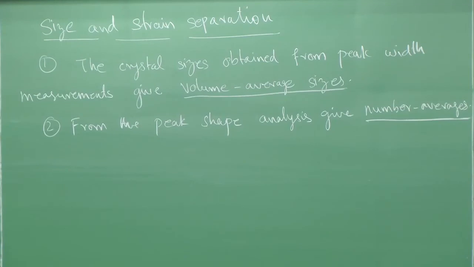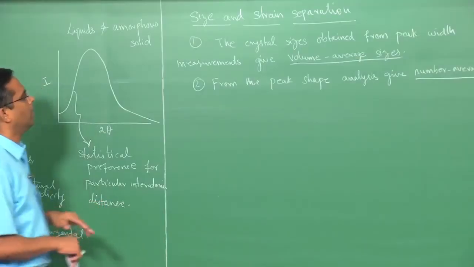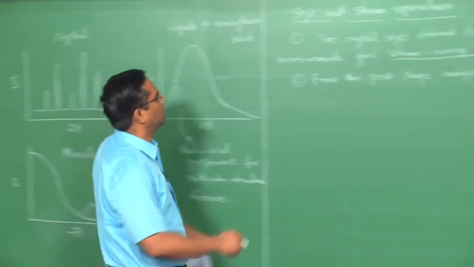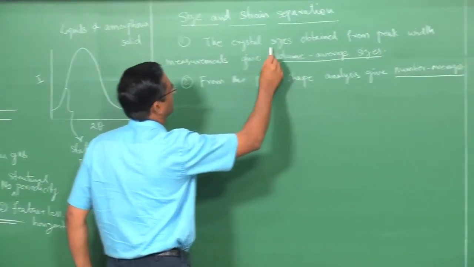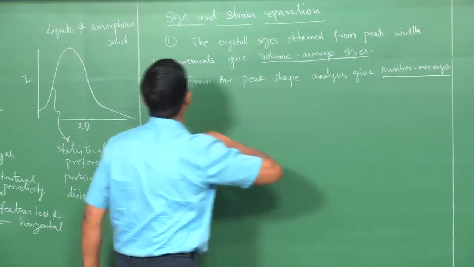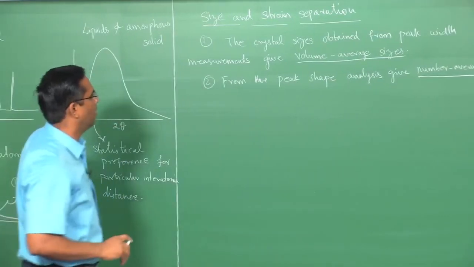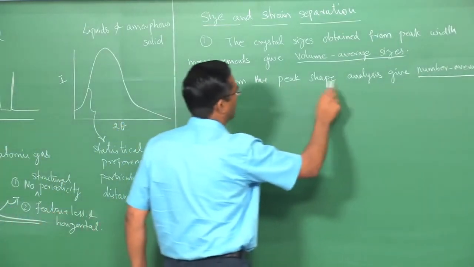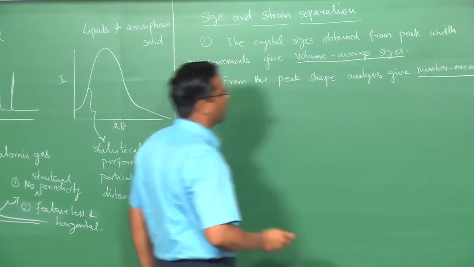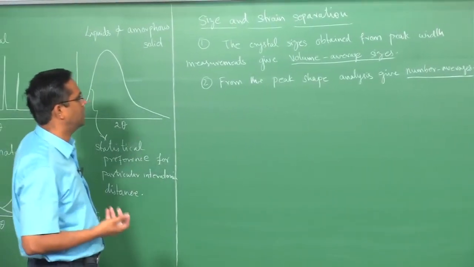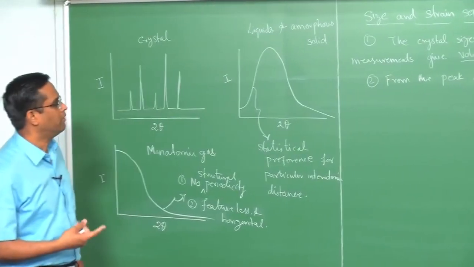The first point to note down here is, when we talk about the crystal size which you obtain from X-ray diffraction experiments, the crystal sizes obtained from peak width measures give volume average sizes, whereas the peak shape analysis gives the number averages. So, these two subtle things you have to appreciate, whether it is from peak shape analysis or from peak width analysis.